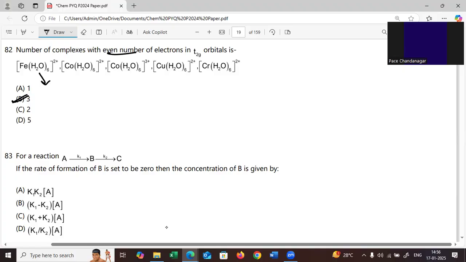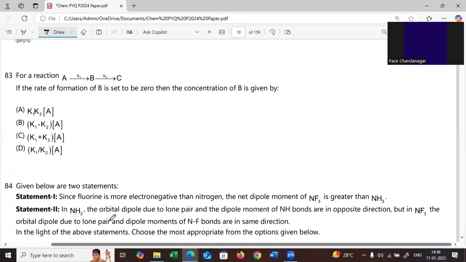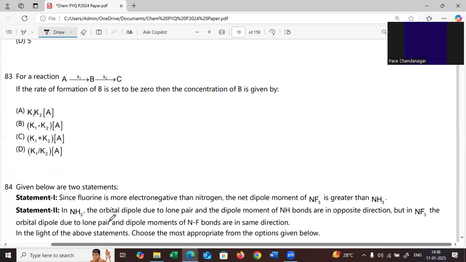Okay, next, 83. For the reaction, K1 is from A to B, and from B to C it is K2. Rate of formation of B is said to be 0. Then the concentration of B is given by what?